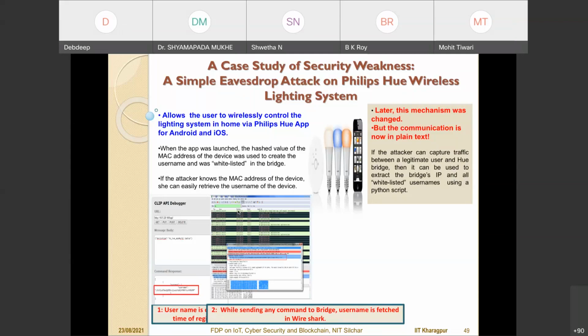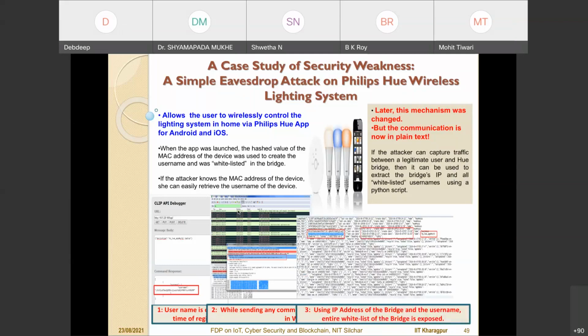This second snapshot shows that while sending any command to the bridge, the username is fetched by the Wireshark tool, and using this, the IP address of the bridge and the username, the entire whitelist of the bridge can get exposed.